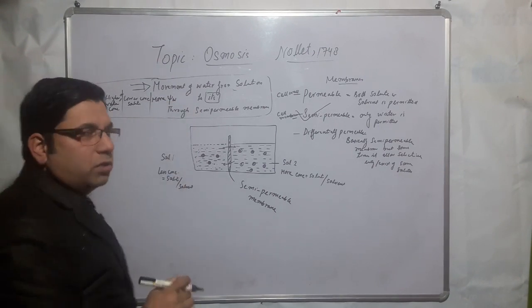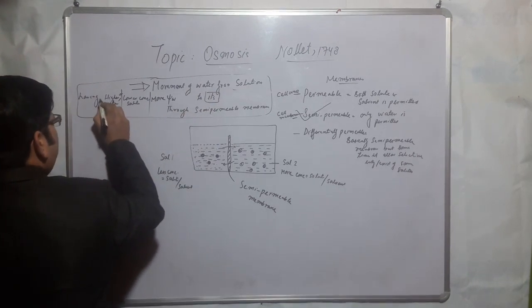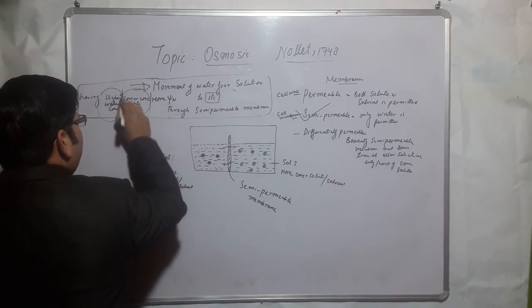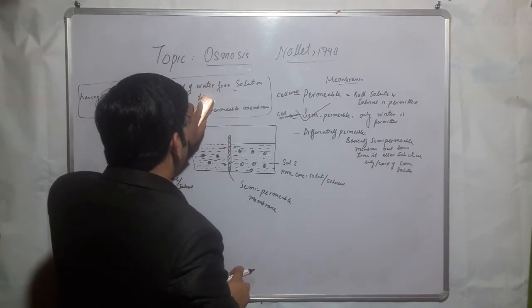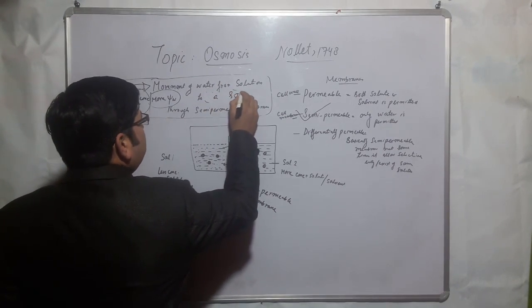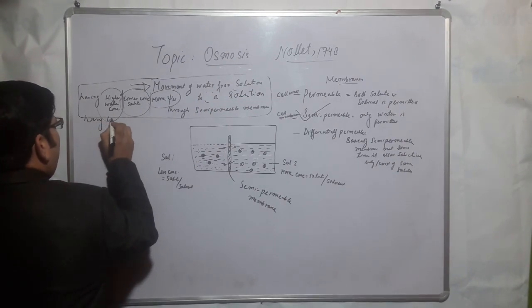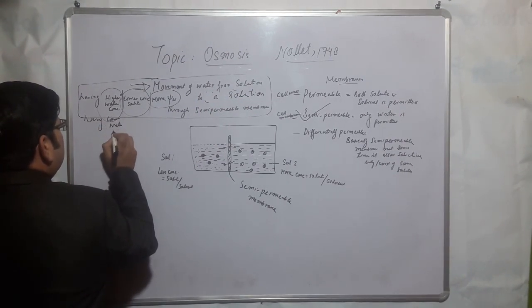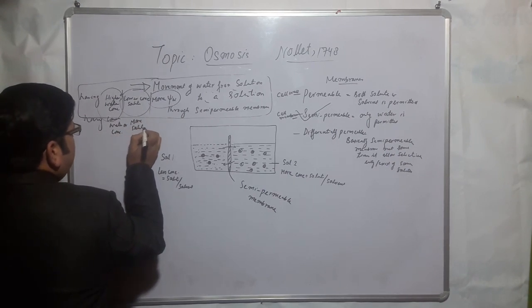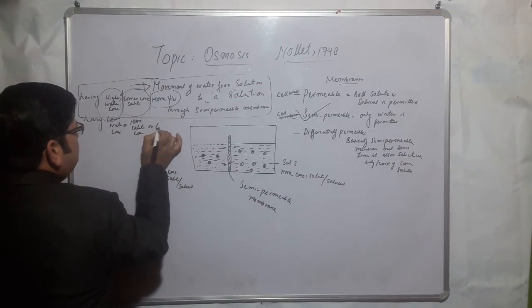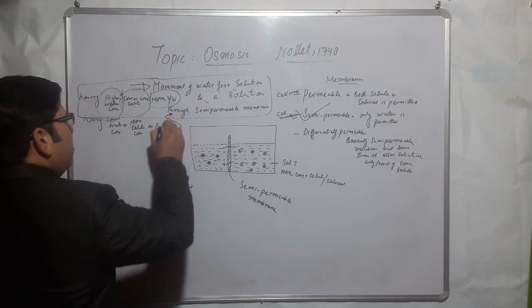If we use this term, this is water potential. So this is movement of water from a solution having higher water concentration or lower solute concentration or more water potential to a solution having lower water concentration or more solute concentration or less water potential through a semi-permeable membrane.